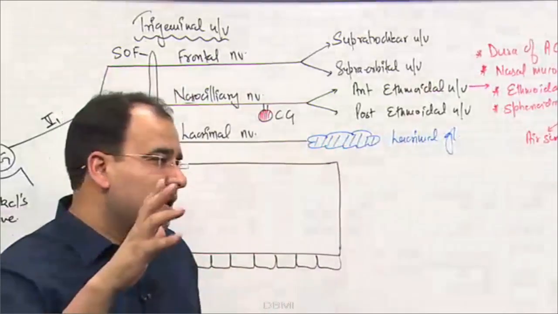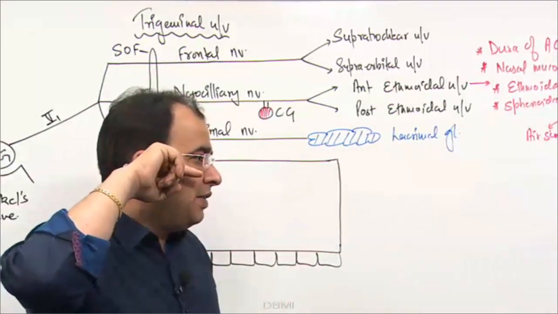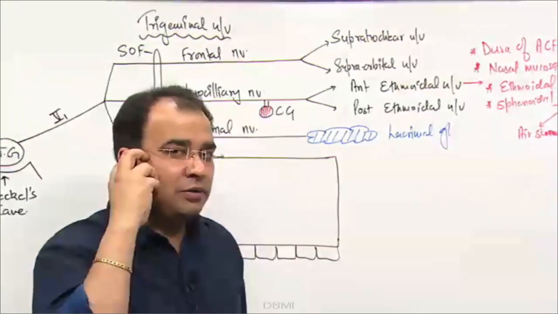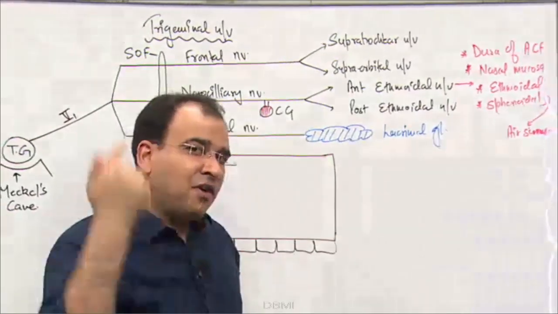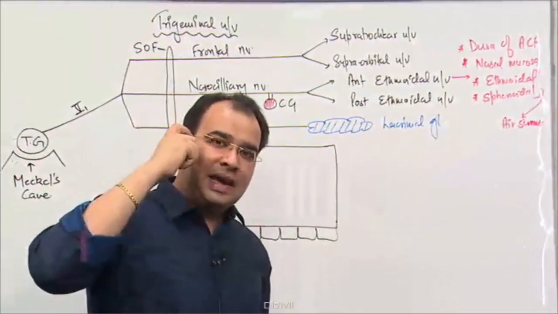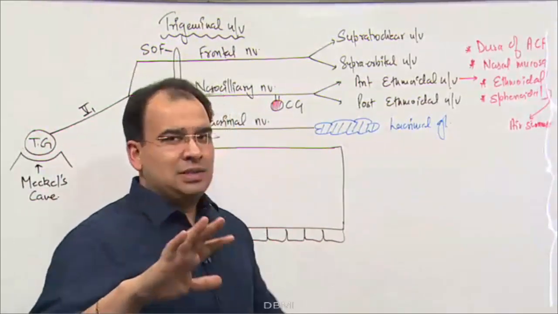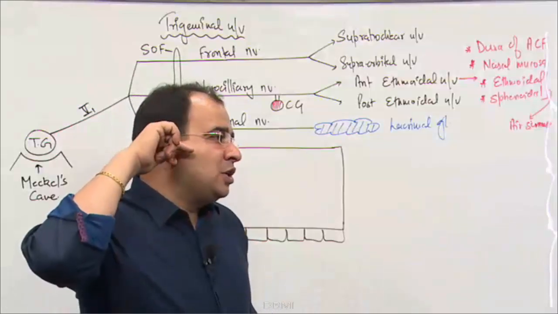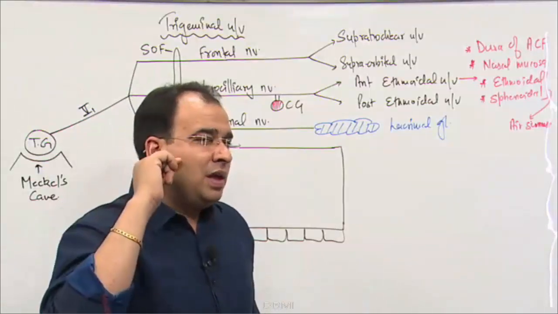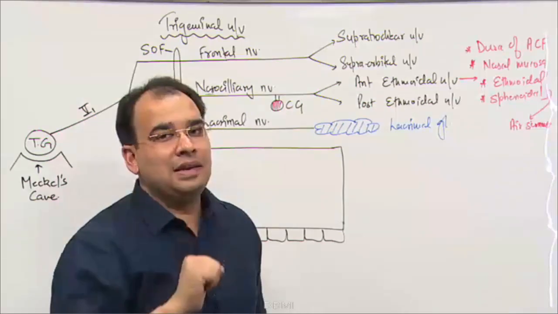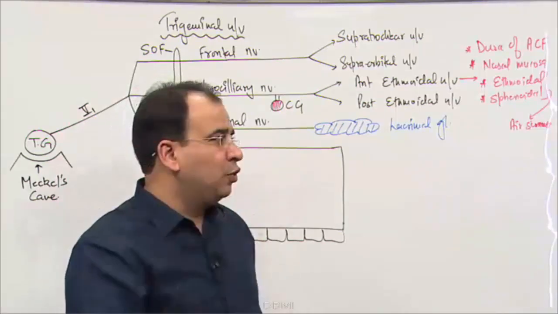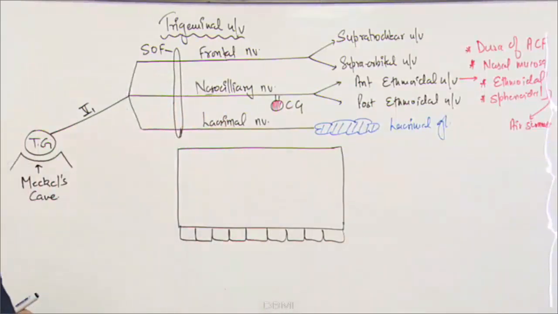Now first understand this: the maxillary nerve comes out of the cranial cavity into the infratemporal fossa. In the infratemporal fossa there is another fossa inside, called the pterygopalatine fossa. So let me keep it simple: the nerve first comes out into the infratemporal fossa, and from the infratemporal fossa it then goes into the floor of the orbit, or you can say the roof of the maxillary sinus.